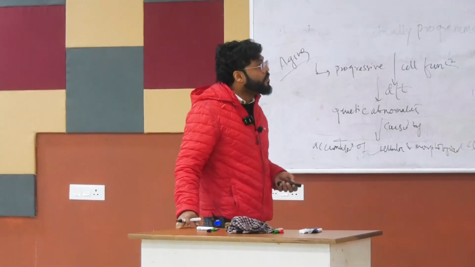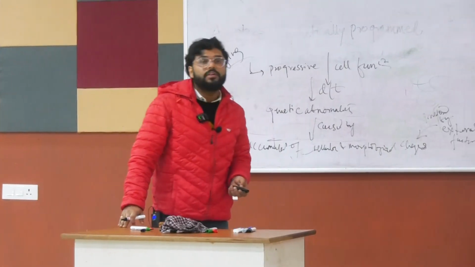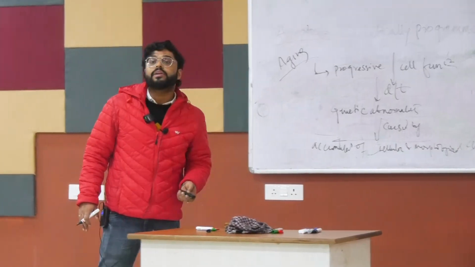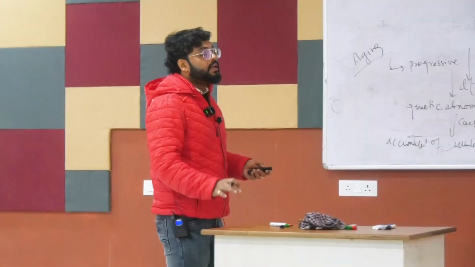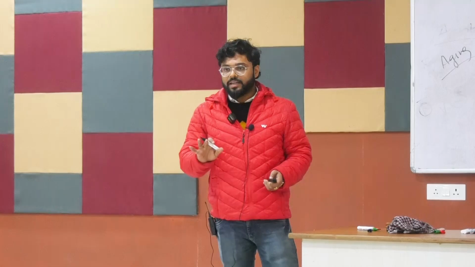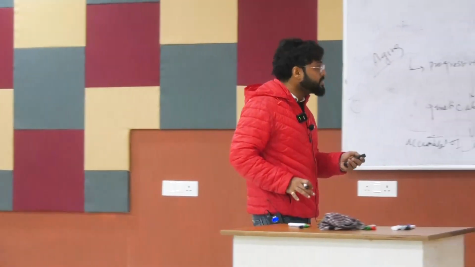And the fourth point is deregulated nutrient sensing, meaning some factors which maintain the normal physiological process of nutrition are altered in case of aging. I will come to the literal meaning in the chapter.